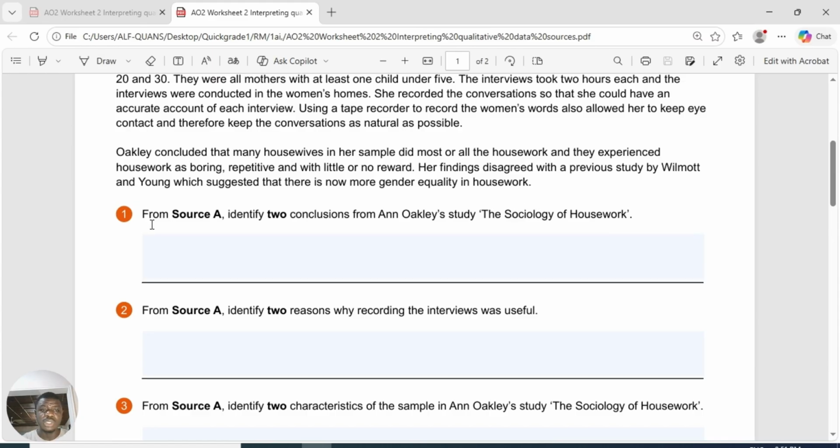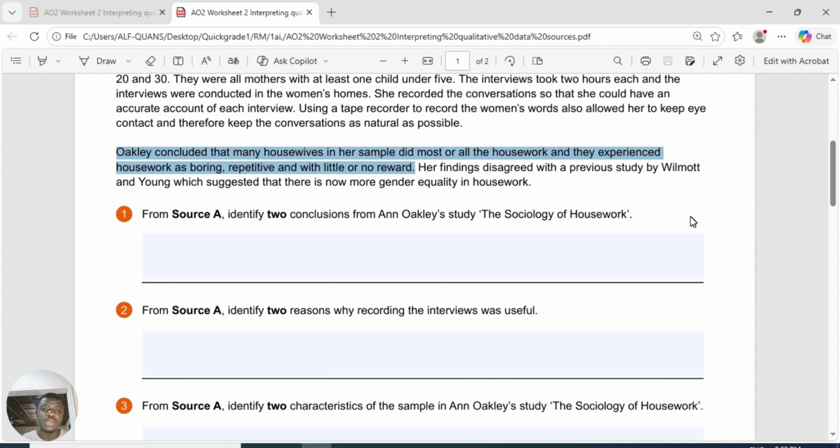Now, the first question says, from source A, identify two conclusions from an Oakley study, the sociology of housework. When you look at the third paragraph, which I have highlighted here, it gives us a clear idea of what the examiner wants from you.